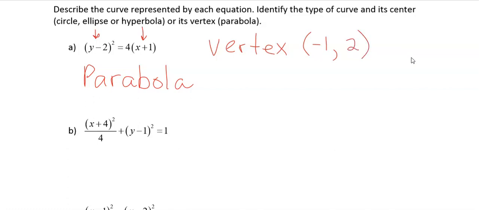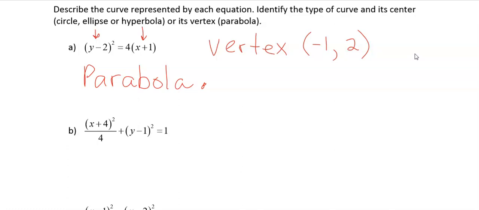So there's our vertex. If you were going to describe what's going on here, the only other thing you could say is which direction this parabola will open in. Remember, they can open up or down or left or right. I can see here that it's the y that's squared. When the y is squared, like I was telling you in unit number 2, it's not going to be a function, which means it fails the vertical line test.